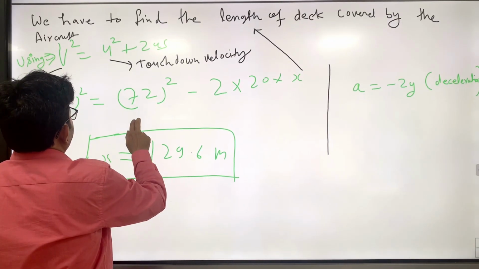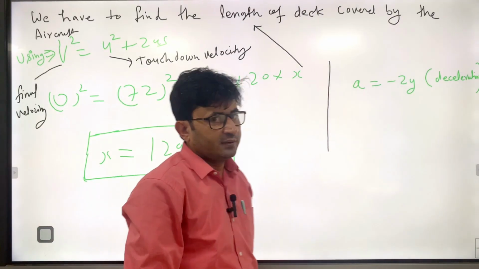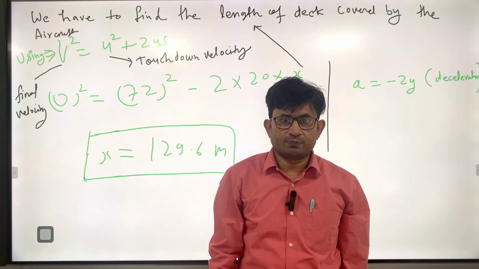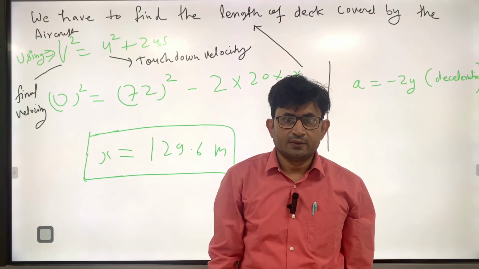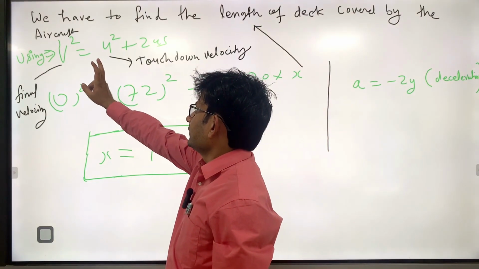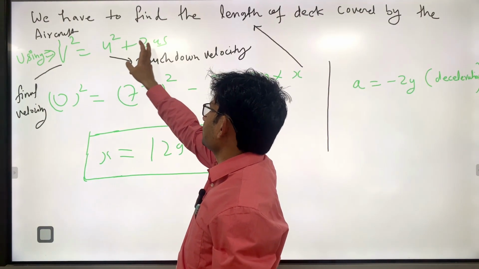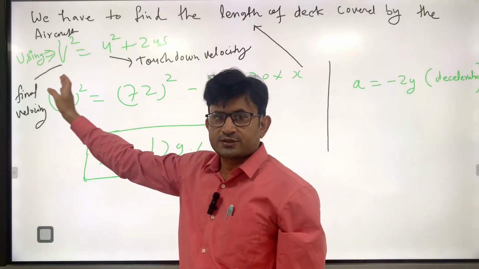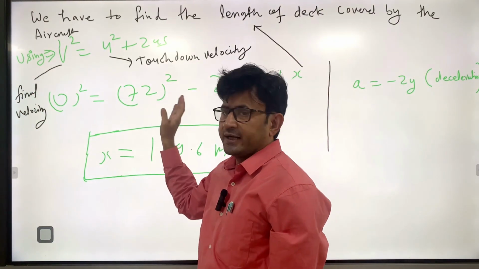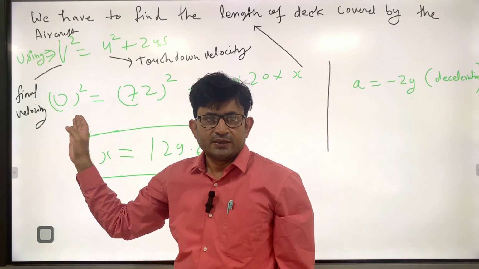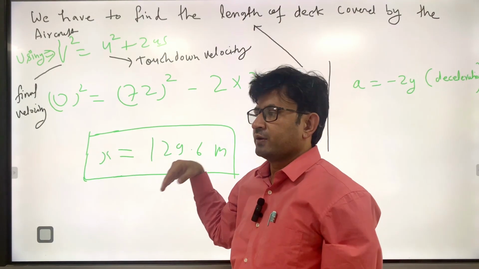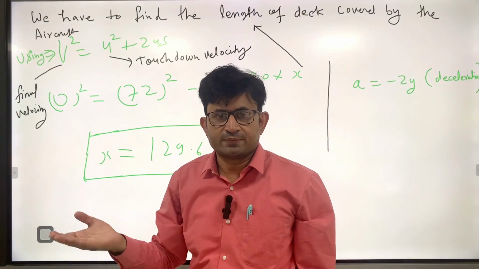Now what I told in the beginning, the runway length requirement will be, let's say for example, 1.5 kilometer to 2 kilometer, but here you take this case, v square equal to u square plus 2as, so final velocity is 0. Let's say 72 is a landing speed, you can take a landing speed 1.1 times or 1.15 times or 1.2 times V stall.